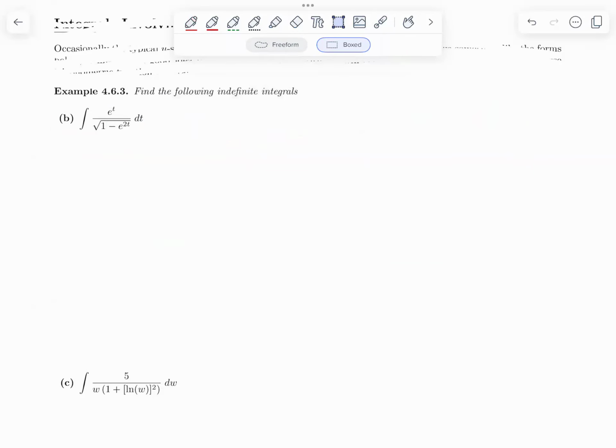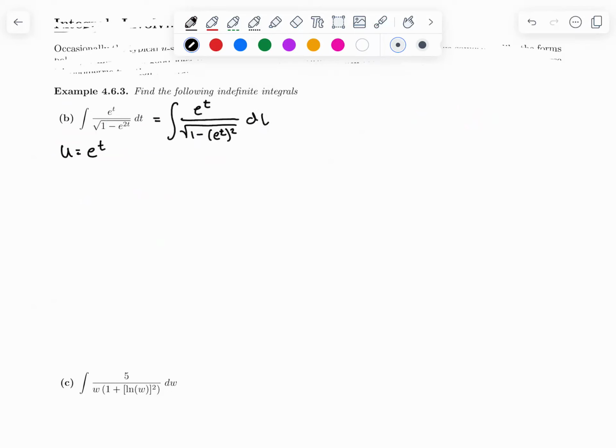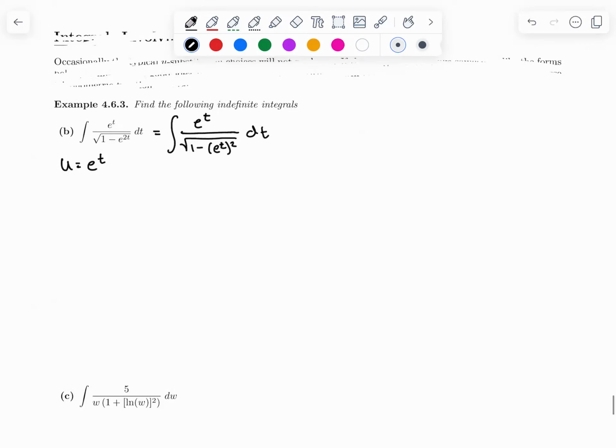One option then, and this actually might end up working, would be to make u equal to the numerator. u equal to e to the t. And in fact, that will be the right answer. And the reason for that is if I rewrite it like this, e to the 2t is the same thing as e to the t squared.